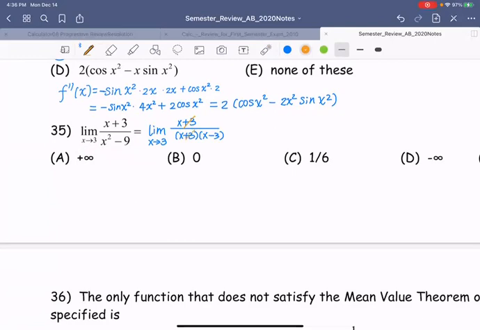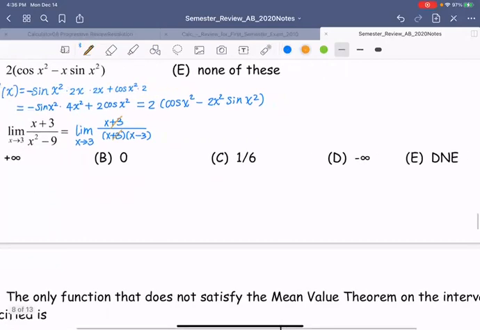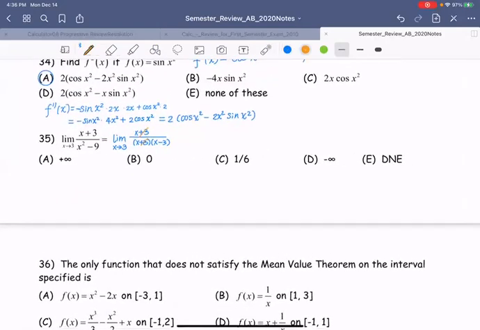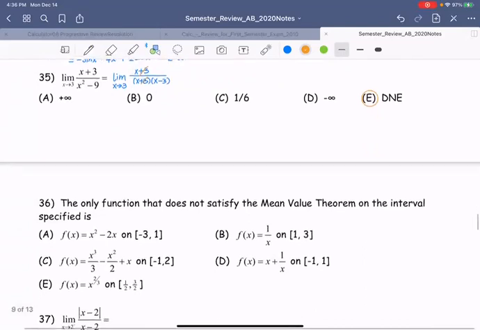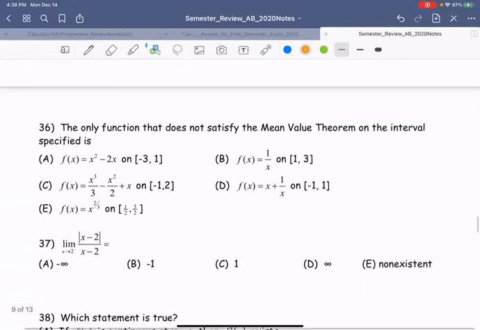Then it's 1 over x minus 3. Which one do you choose? Does not exist. Oh, I was right. That was lucky. No, I knew it. I'm a genius. Okay, 36.